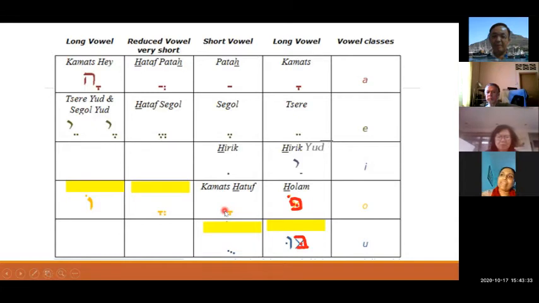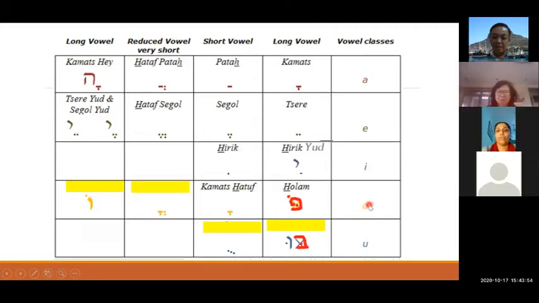Don't worry. When we get on with the lesson, you will know when to pronounce it as a short O vowel, like the word God, or the long A vowel. That is why it is placed in the O class vowel. It's the short O class vowel, and to remember the sound, you remember the word God.